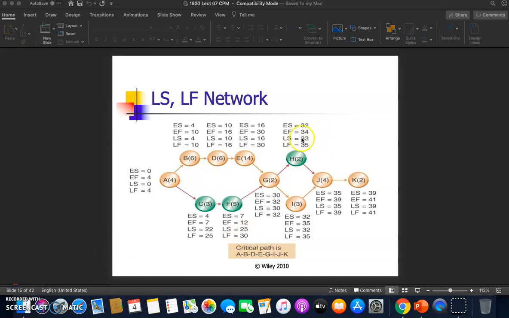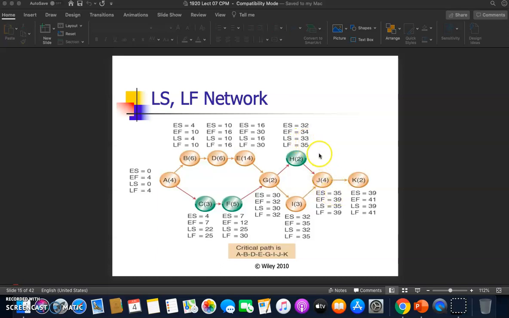So for this section, activity H takes 2 weeks to finish. So latest start at week 33 because J depends on H. So when activity J must start at week 35, the latest start for activity H is at week 33.